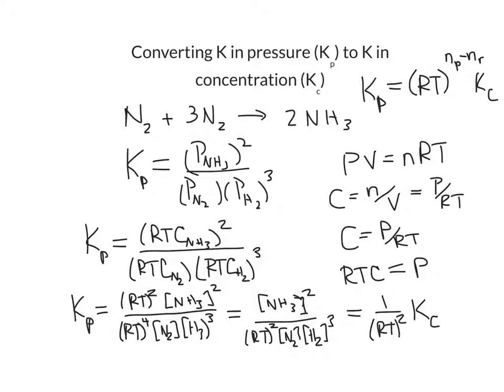I often call this quantity, that is the number of moles at the end minus the number of moles at the beginning, delta n. And so I could also write that Kp is equal to RT to the delta n times Kc. And that is the way that we can convert from equilibrium constants in terms of pressure to equilibrium constants in terms of concentration.